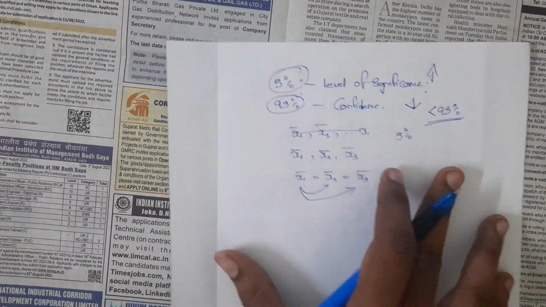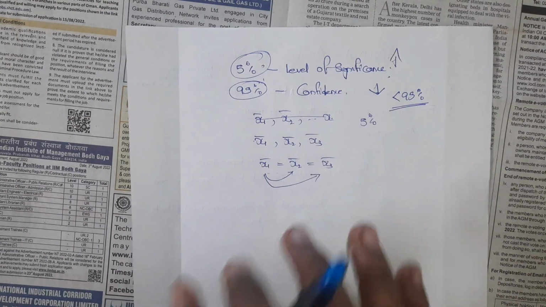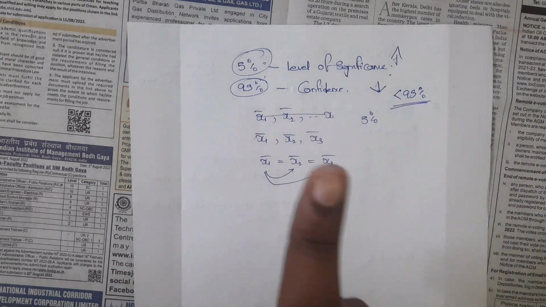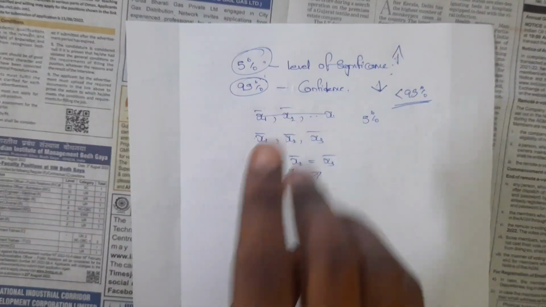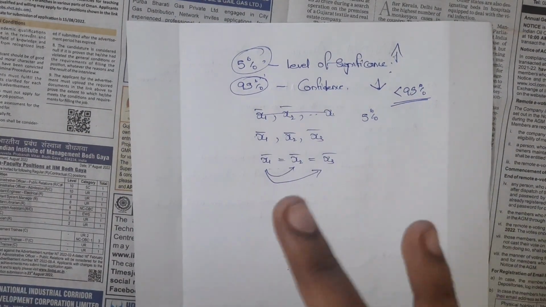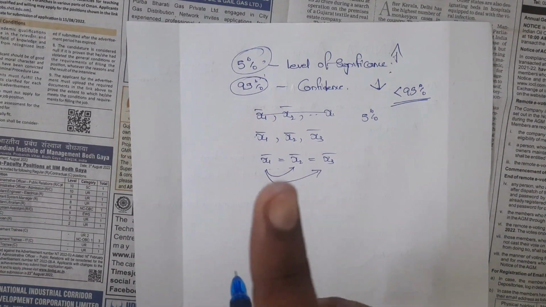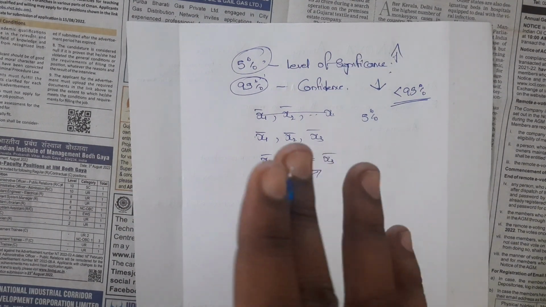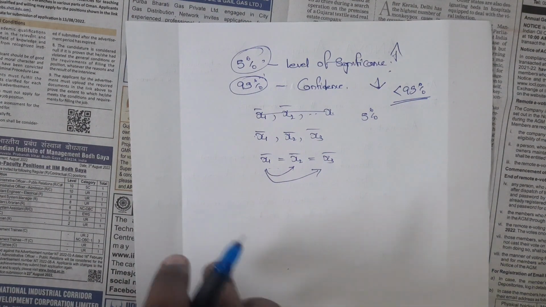So we conduct one test, named ANOVA, for comparing more than two means. The time consumed is less, and the expenditure is also less. As we conduct one test, we will have only one type 1 error, and we can keep the level of significance at or below 5%, keeping the confidence high.